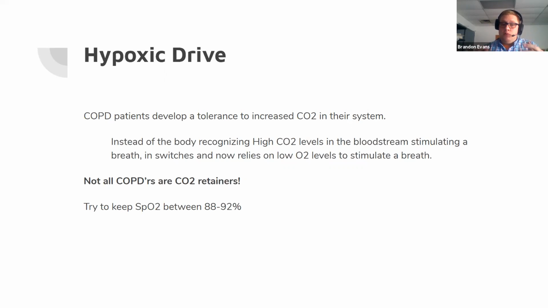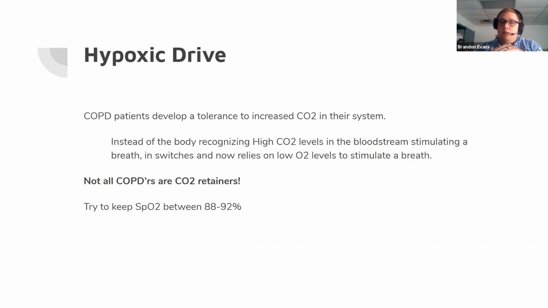Normally, how a normal person works is that your body recognizes that, hey, my CO2 levels are increasing in my bloodstream, so I need to take a breath to exhale some of that CO2 and blow that off. So your level starts to build up, 46, 47, and your body says, hey, I need to take a breath. So you take a breath, and now your CO2 levels have gone back down to 40.